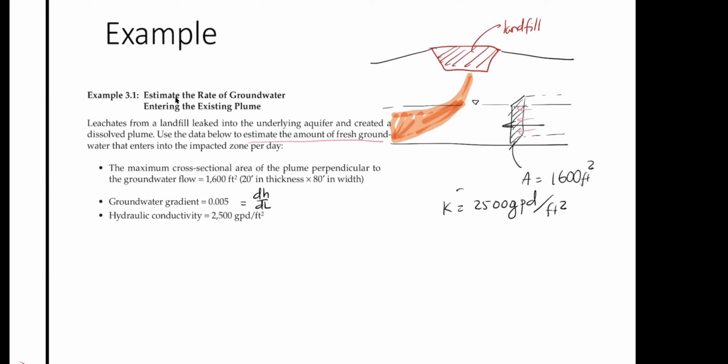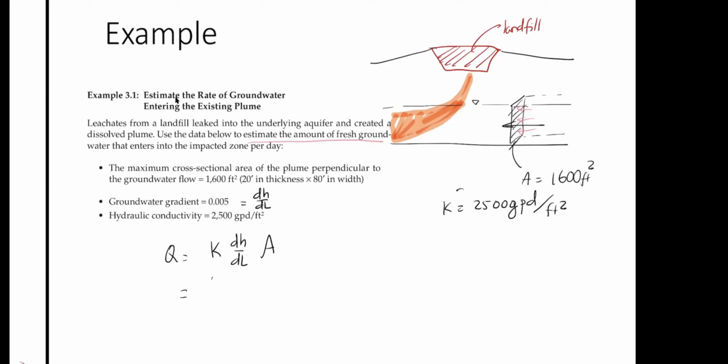All right, so if we calculate that, the flow is K dH over dL times area. That's the hydraulic conductivity times gradient times area. Everything is given. The only difference is the unit you have to check. So let's write that one.